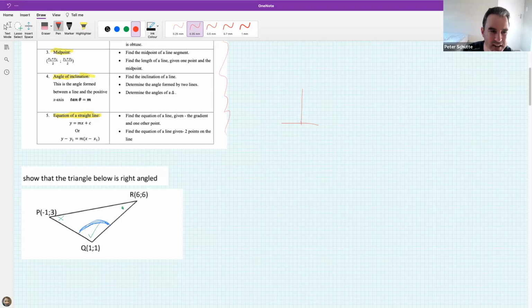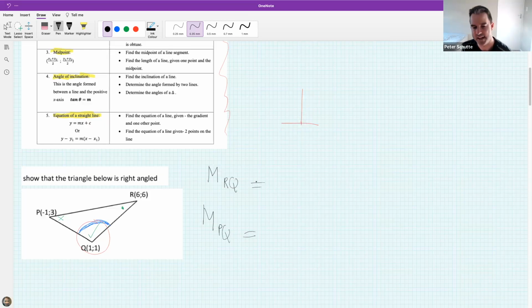Didn't we have to work out their gradients? So what I'm going to suggest, yes, Lolita, exactly. So can I suggest, if we suspect Q is our right angle, we should find the gradient of RQ, and we should find the gradient of PQ.